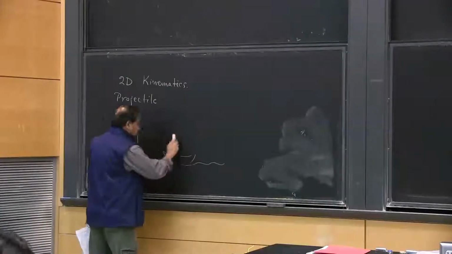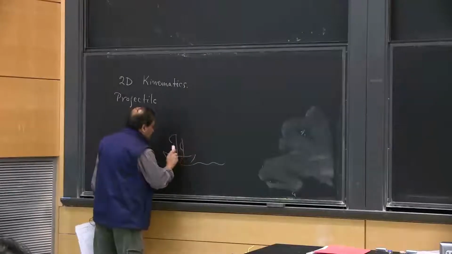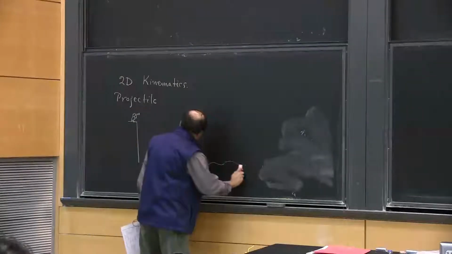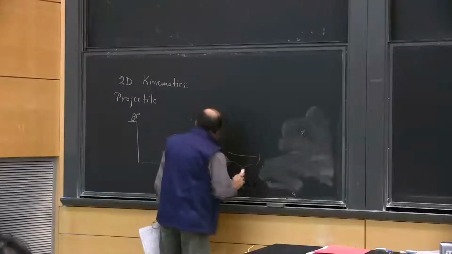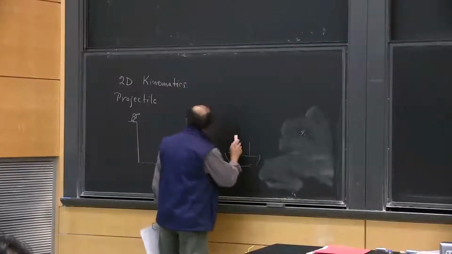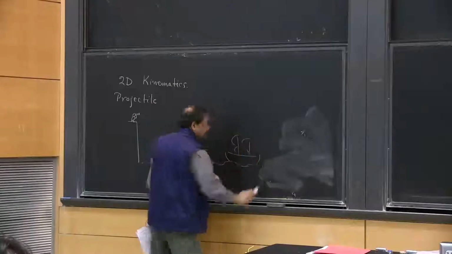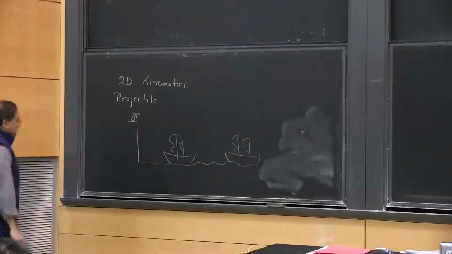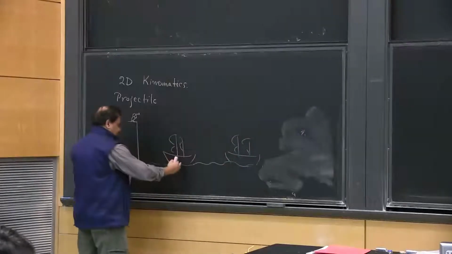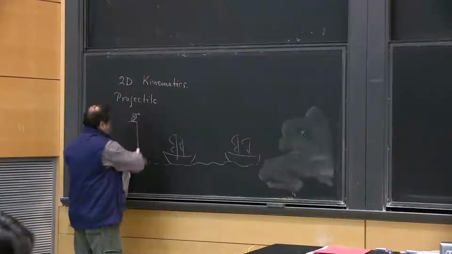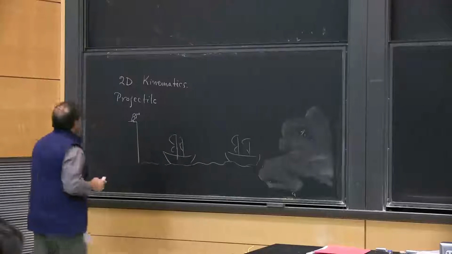This is, say, one ship coming to attack you, and here is another ship coming to attack you, and let's say roughly speaking this is at twice the distance compared to this with respect to you.